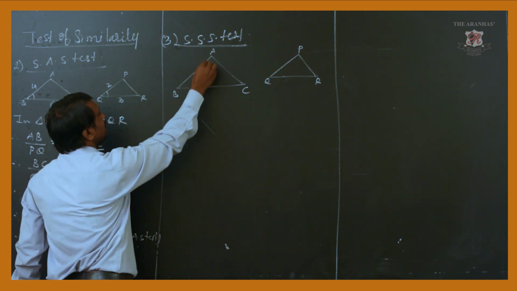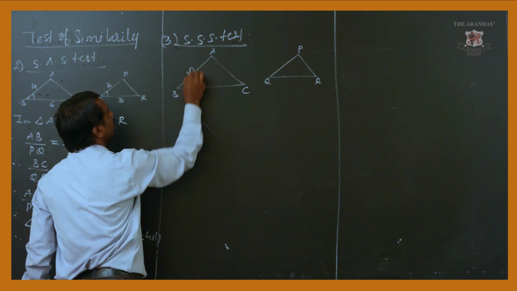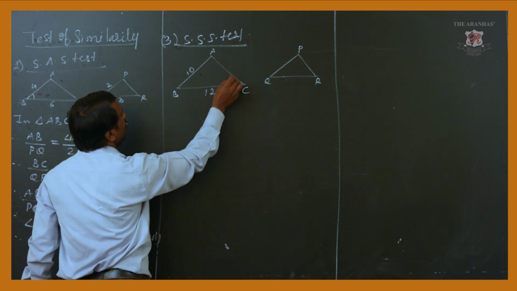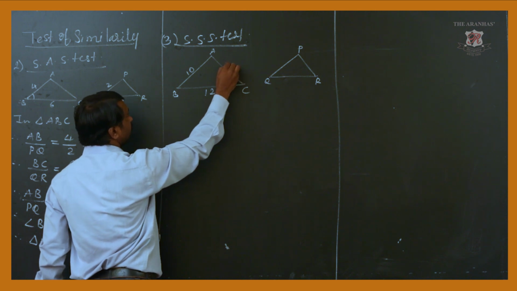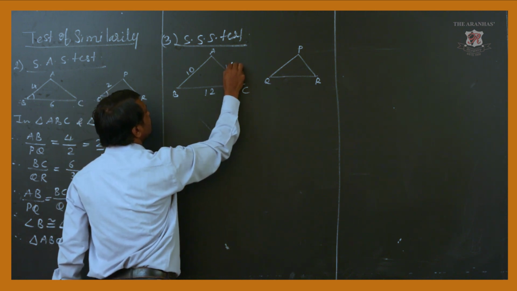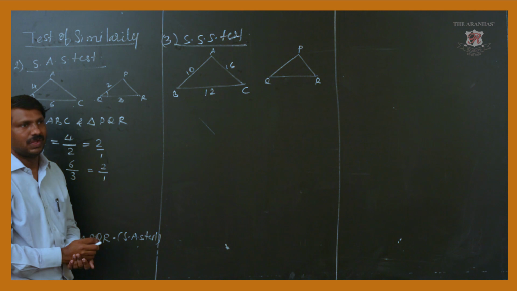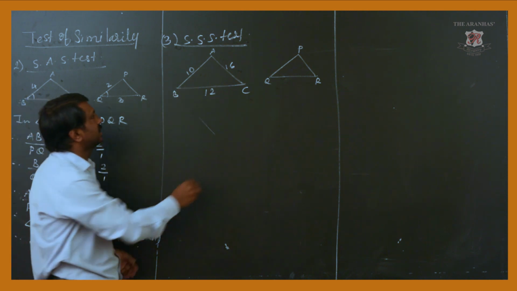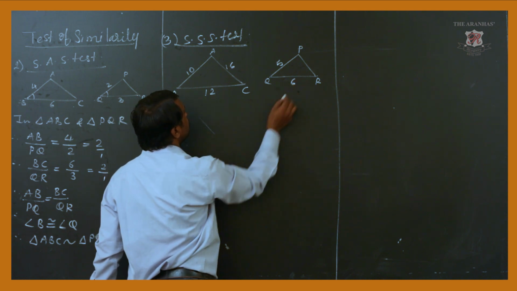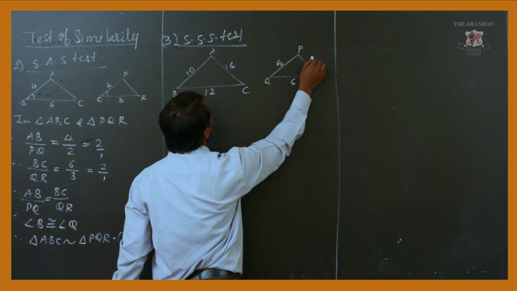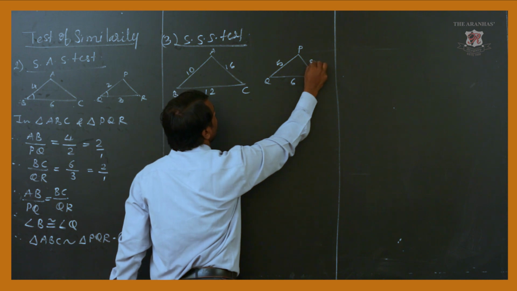The value of AB is given 10, BC is 12, and AC is 16. The corresponding sides are PQ, which is given here 5, QR is given here 6, and PR is given here 8.